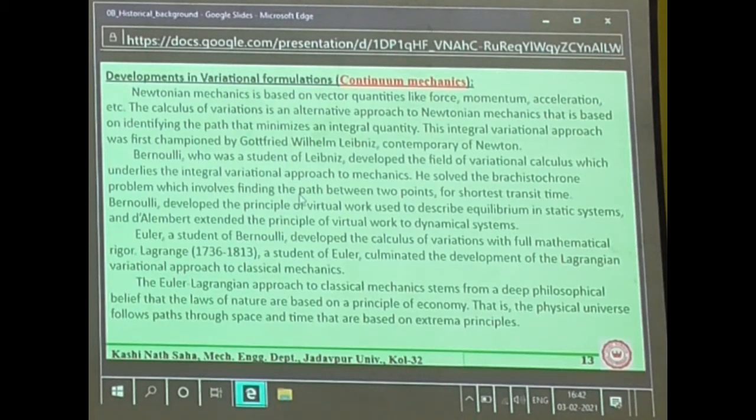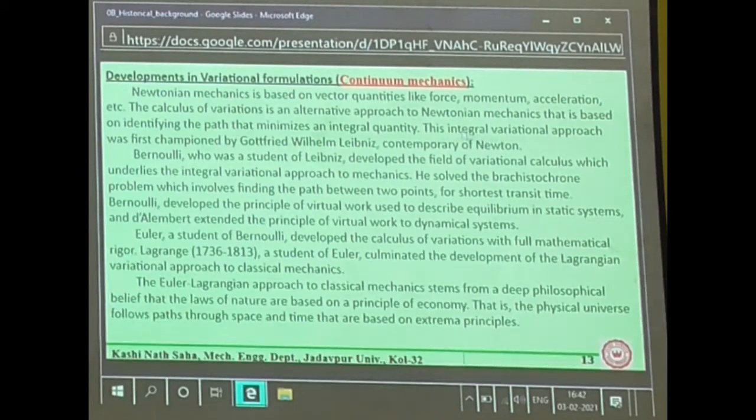Let us see. Newtonian mechanics is based on vector quantities: force, momentum, acceleration. Calculus of variation is an alternative approach that is based on identifying the path that minimizes an integral quantity. This integral variation approach was first championed by Leibniz, a contemporary of Newton. So in Newtonian mechanics, they are based on these quantities: force, momentum, acceleration.